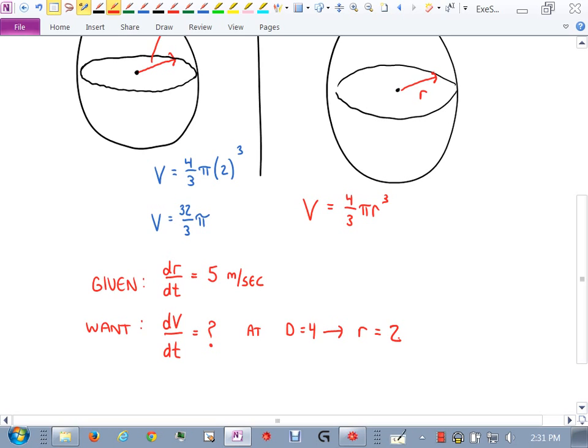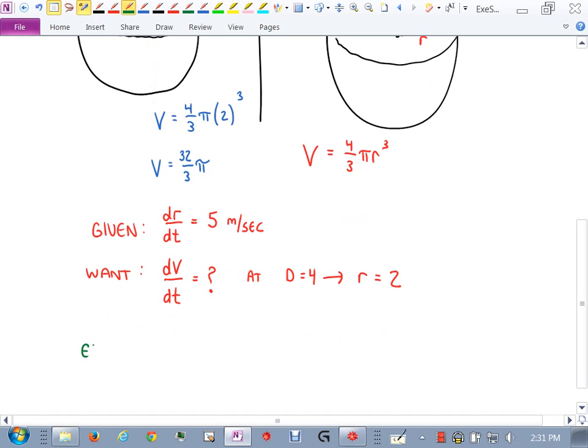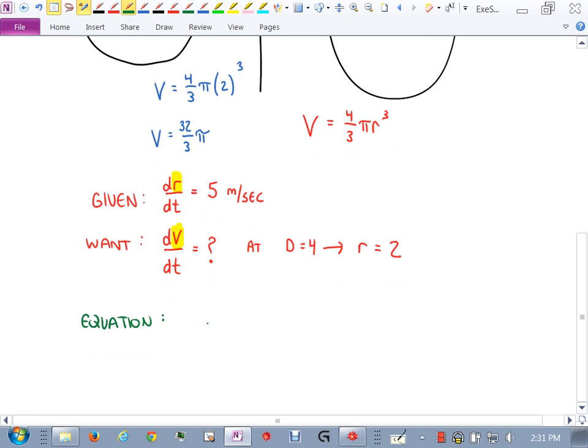We need the equation. What's our equation? Anything that relates the radius to the volume, which we've already written up there. Volume is 4/3 pi r cubed.